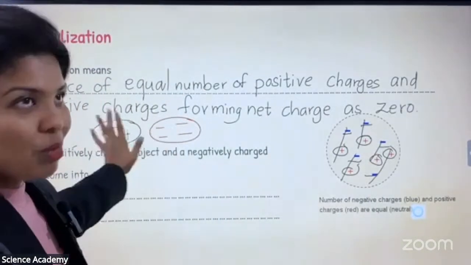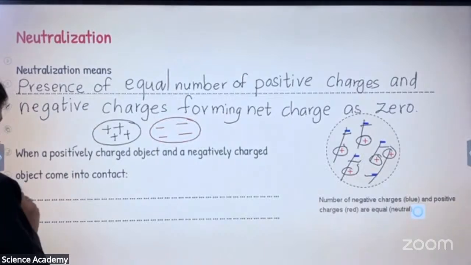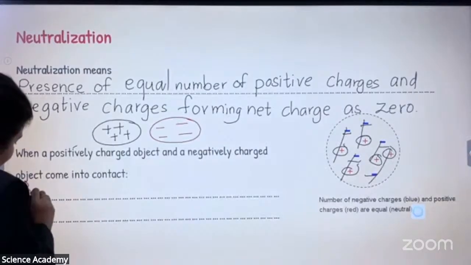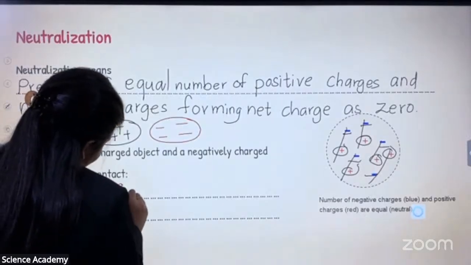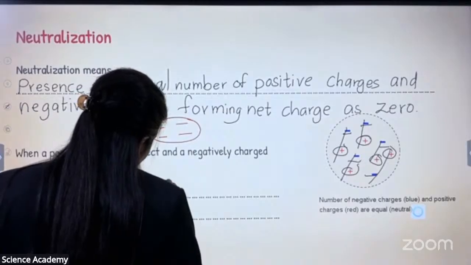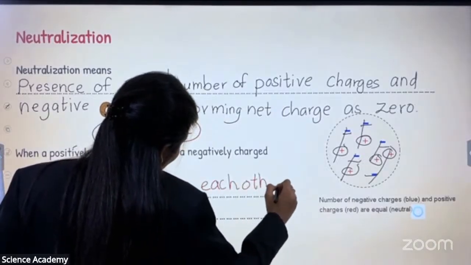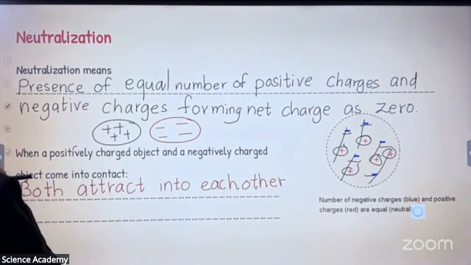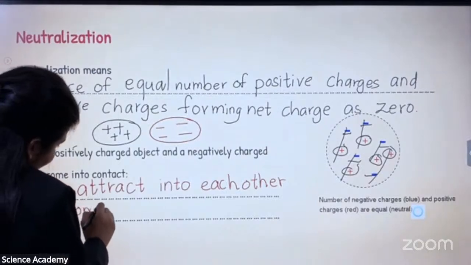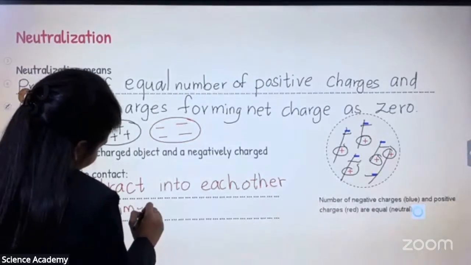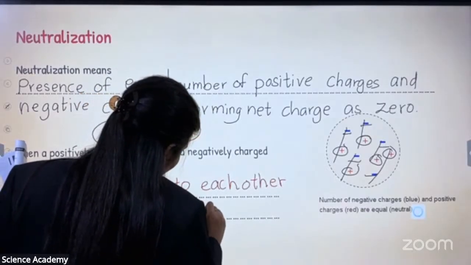Here you can see positive and negative. When they are in contact, both attract each other, and after some time they neutralize.